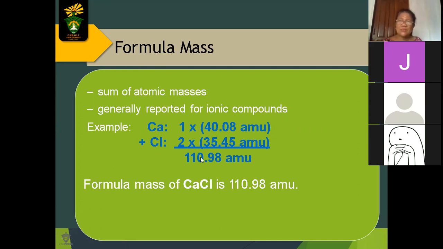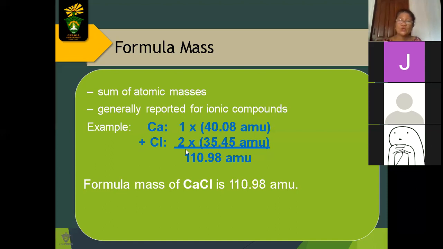It's 2 atoms times multiply that with the atomic mass, which is 35.45 atomic mass unit. Ma'am, 2 decimal places rata? Oh yes, the 2 decimal places. Aron pareho tanan, we will have so-called unity of way of computing it with the formula mass and the molecular mass. Therefore, add it up.